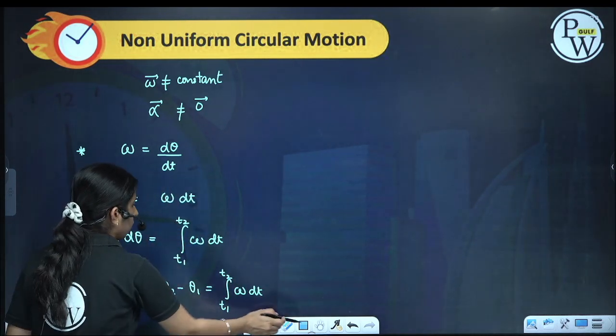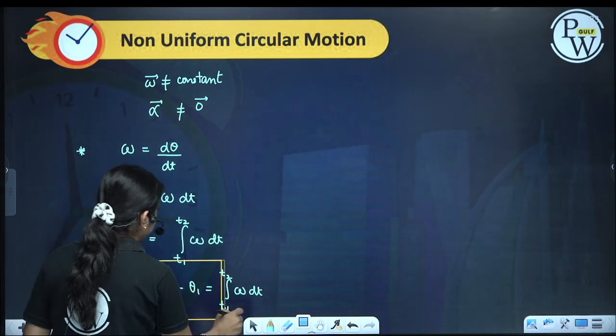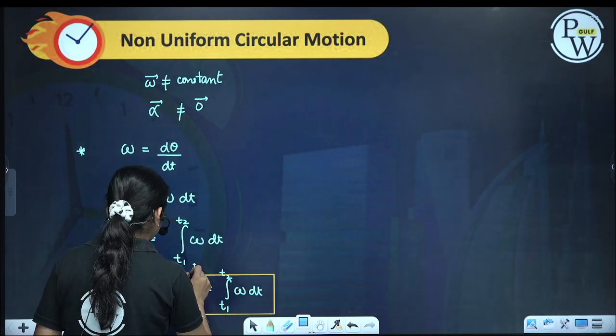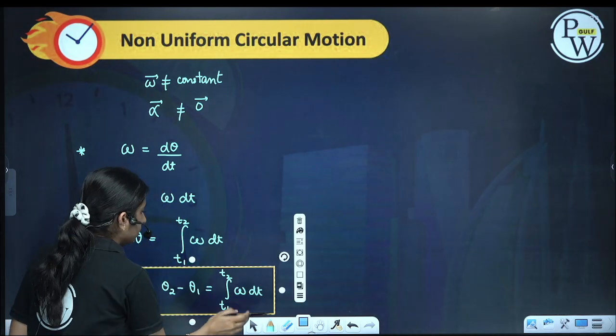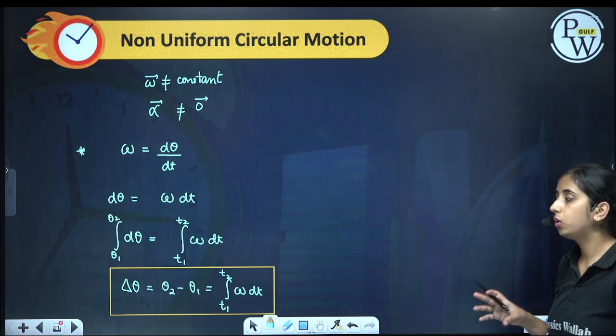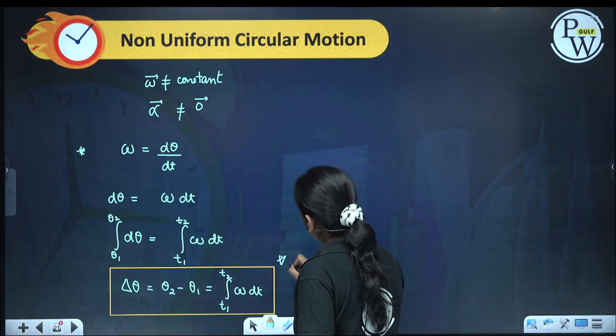This will be the total angular displacement. This is how we will calculate total angular displacement in the non-uniform case.